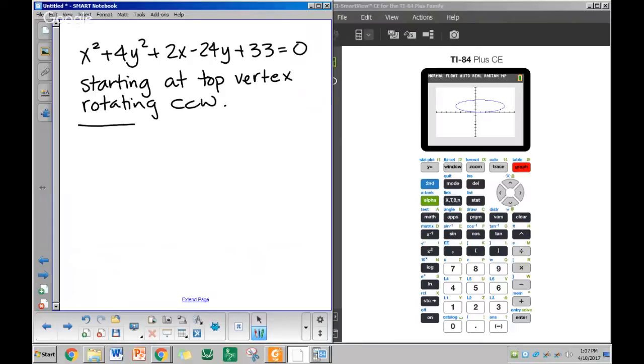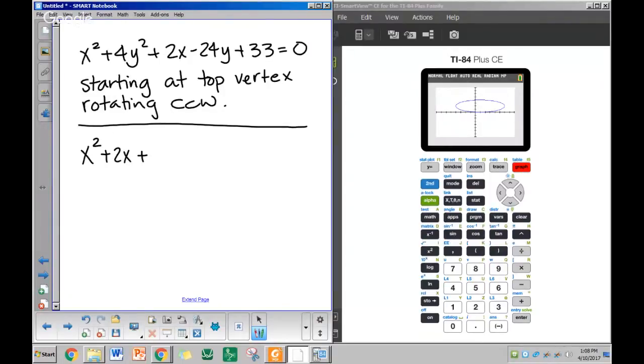So let's think about that. What is this? If I'm looking at the equation, can you tell me whether it's a circle or an ellipse? It's an ellipse, because the A and the C are different numbers. You're right. So we have to complete the square twice. So x squared plus 2x plus something.